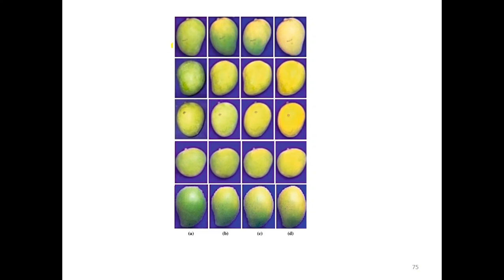This is the image showing the different quality of the fruit. I guess this should be the mango one, right? You can see they have different shapes and also different colors. So your conveyor or your detecting system must be able to handle these varieties.